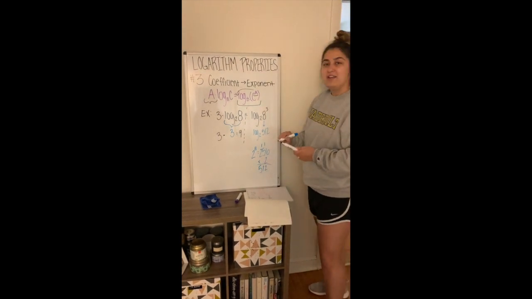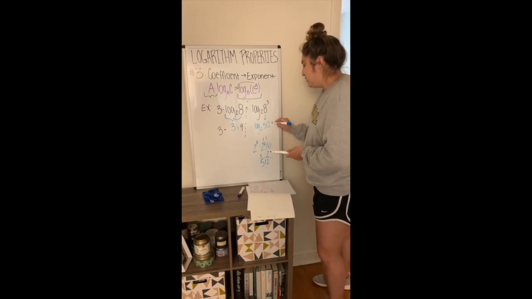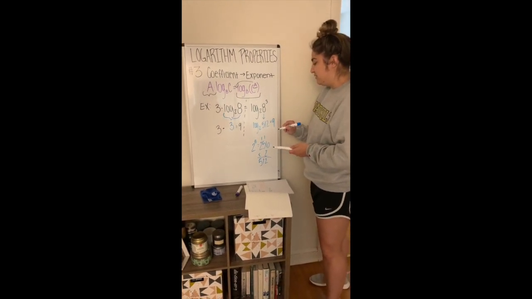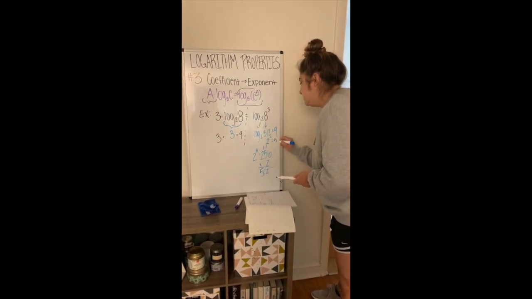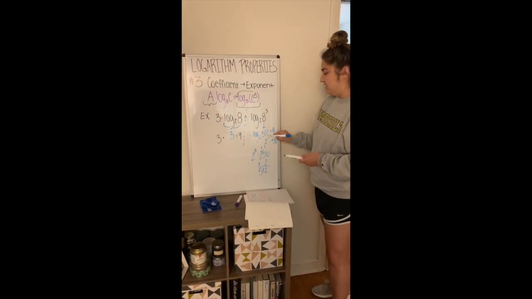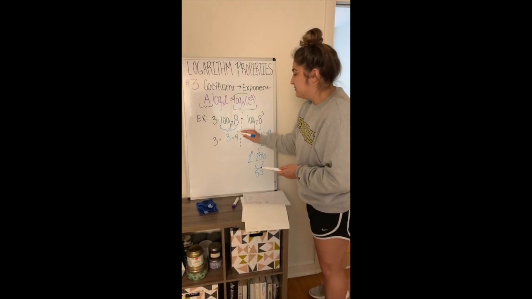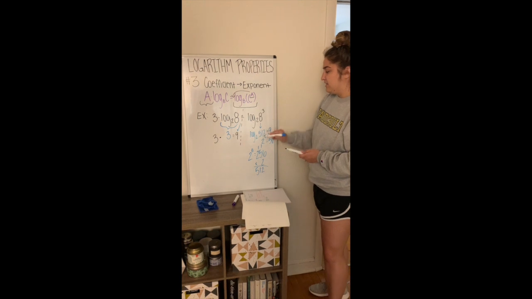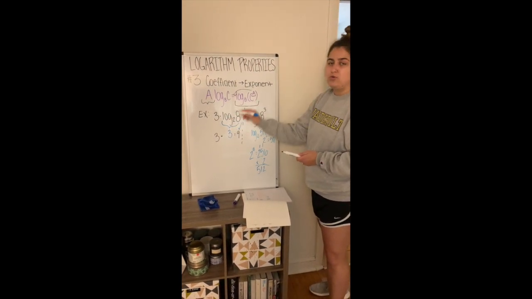So we know that 2 to the 9th is really 512. So this also equals 512, because this is saying 2 to the what power gives me 512. And we know that power is 9. So over here, this ends up equaling 9. And over here, this ends up equaling 9. So you know that this rule works.